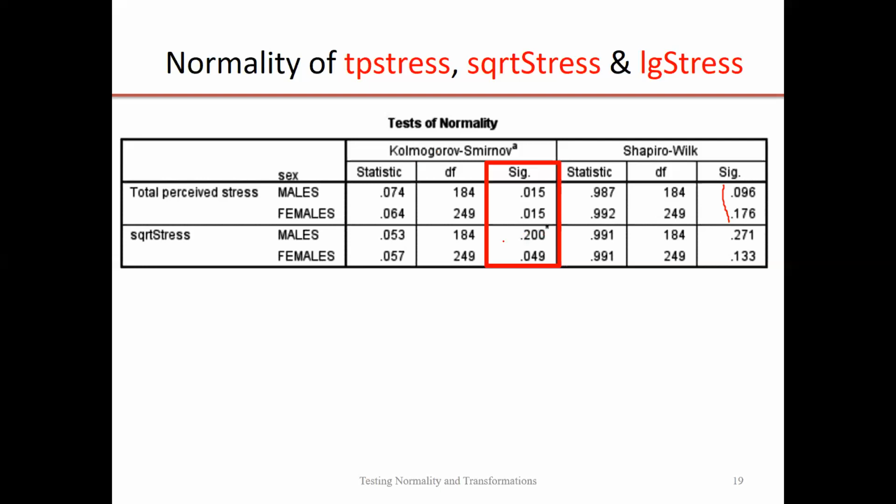So we cannot clearly say that at the 5% level of significance the square root is normal, but at the 1% level of significance we can say that the square root of males is normally distributed data. At 1% both are okay, but at 5% it is closer to 5% and we can make a judgment.